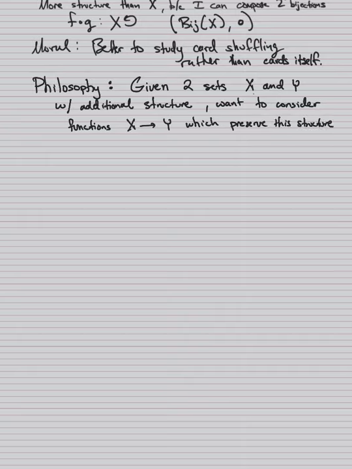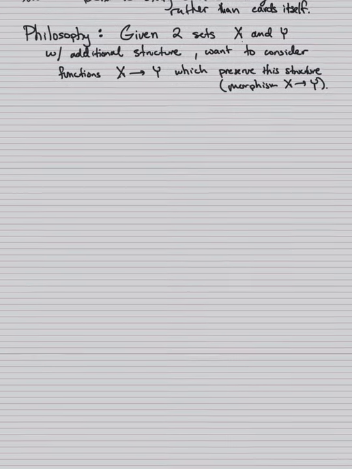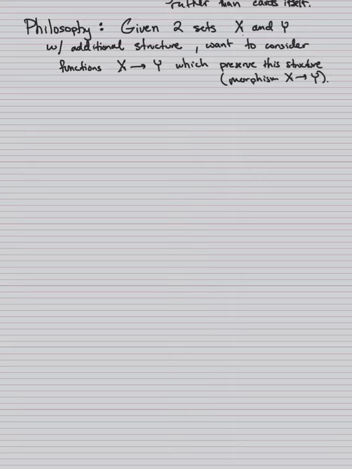Okay, so this is, I guess, usually called a morphism from X to Y. Okay, so you could think in the last example, the only structure was that the set had n elements, so we had to assume that its image had n elements as well. Here we have a vector space structure, so that's naturally what we want to preserve under this function.